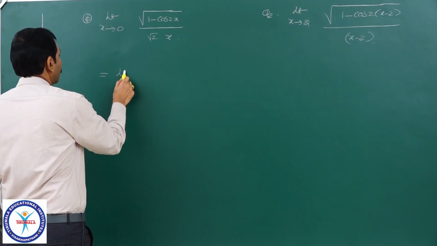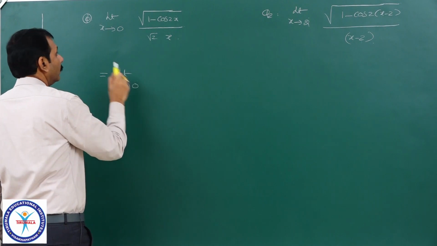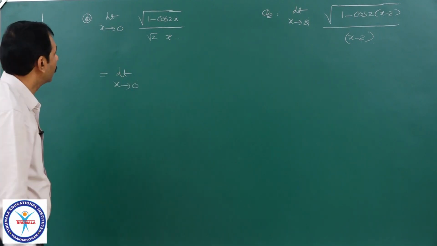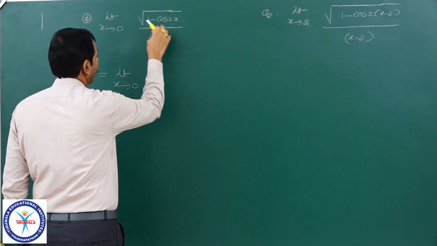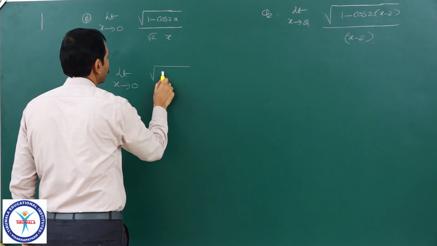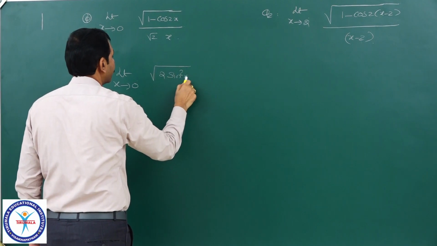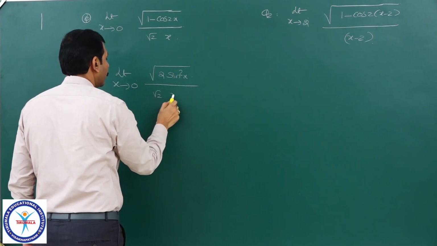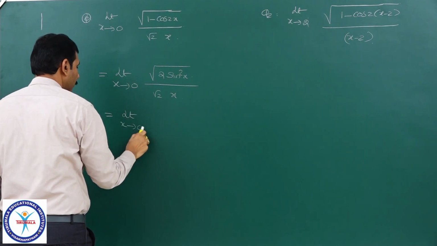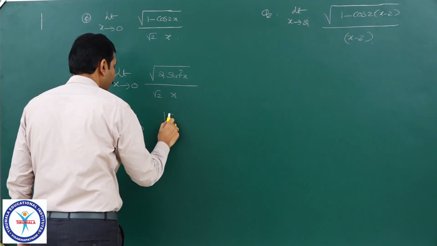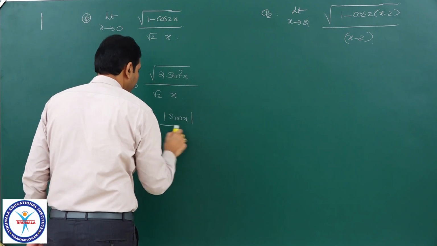It is equal to limit x tends to 0. A root is there whenever this, 1 minus cos 2x can be written as square root of 2 sin square x by root 2 into x, which is equal to limit x tends to 0, root 2 cancels, mod sin x by x.